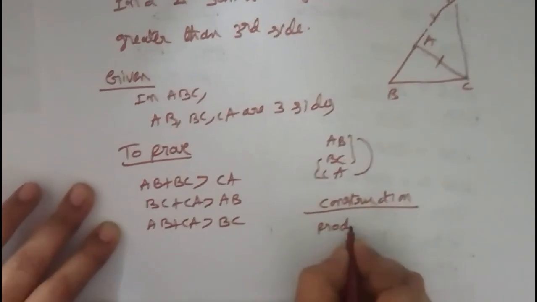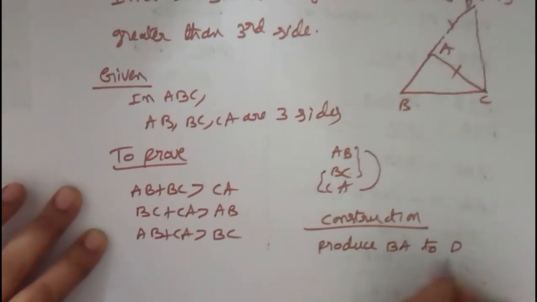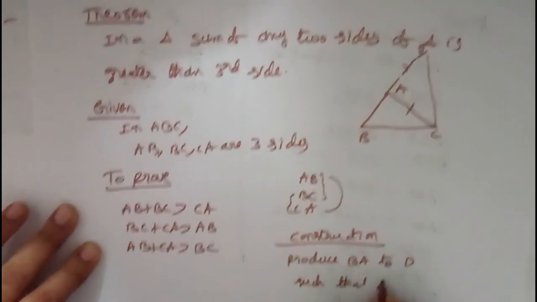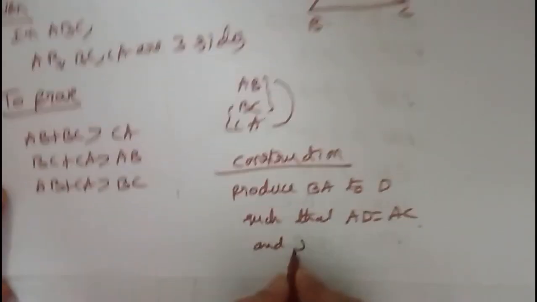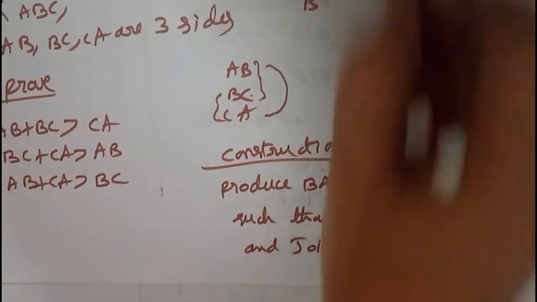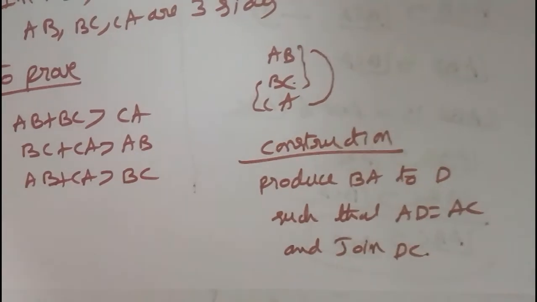Produce BA to D such that AD is equal to AC and join DC. That is the construction part.